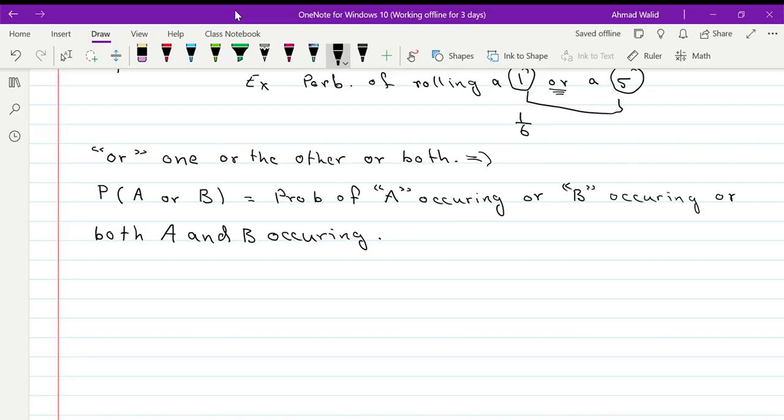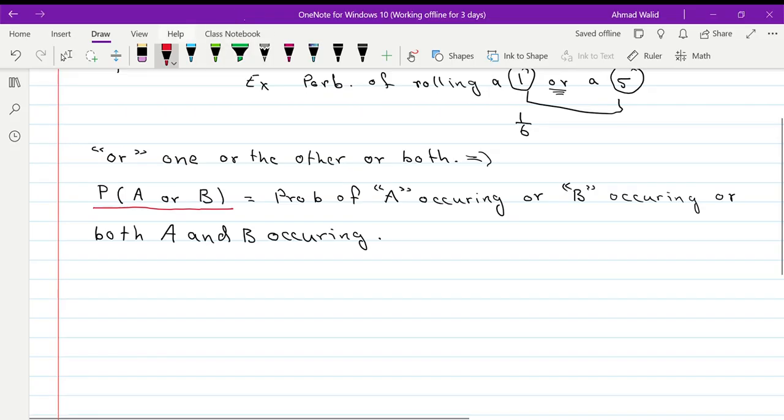This is the meaning of this notation. Probability of A or B means A is occurring or B is occurring or both occurring, A and B, correct?